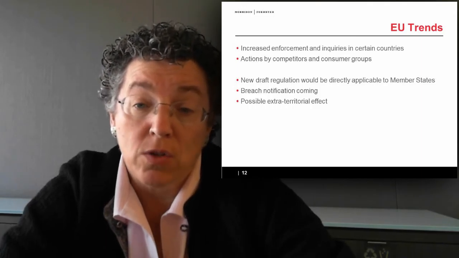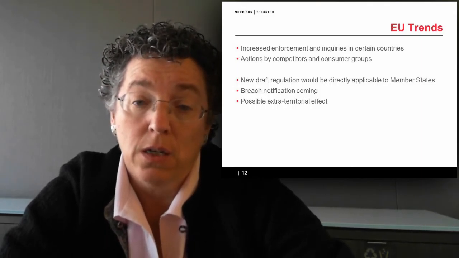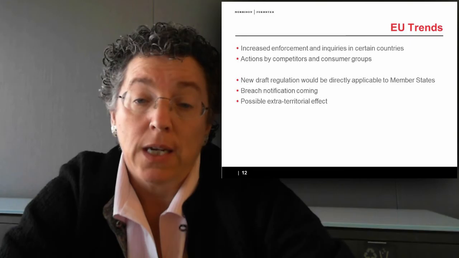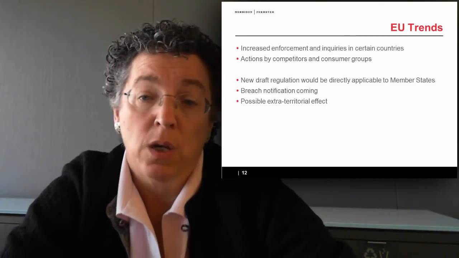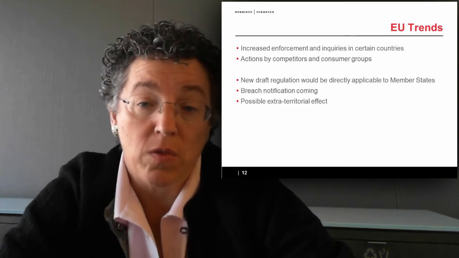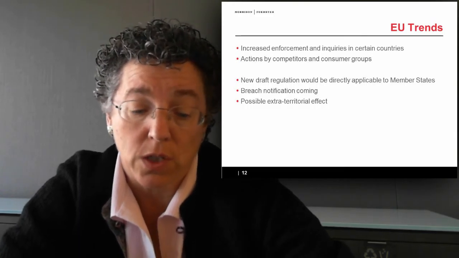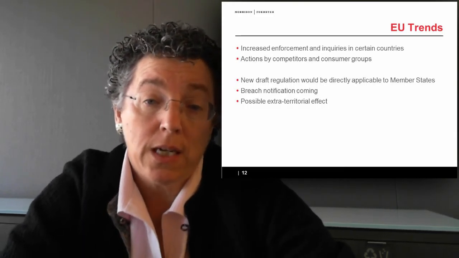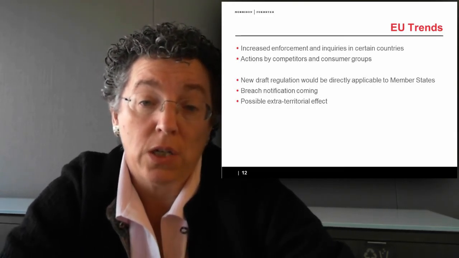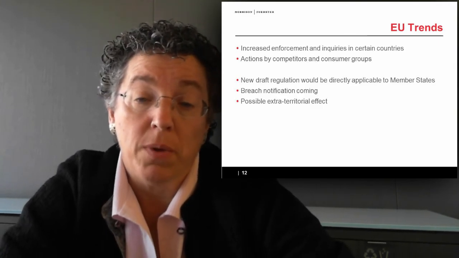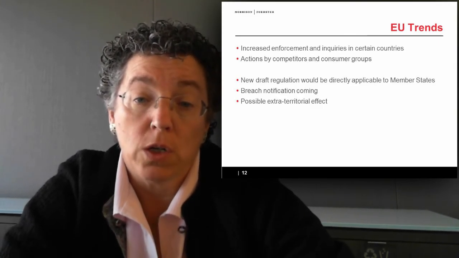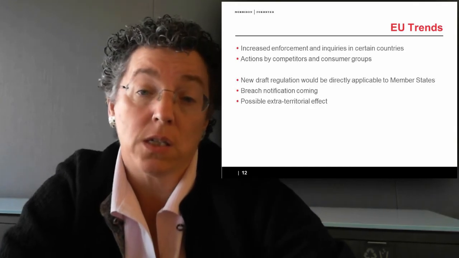So there definitely is an increase in enforcement in those countries, as well as some of the Eastern European countries, such as Poland and Hungary and some of the other smaller Eastern European countries. We also are seeing actions by competitors and consumer groups. So companies are being sued by their competitors for using information in a way that's inconsistent with the promises that they've made to consumers.